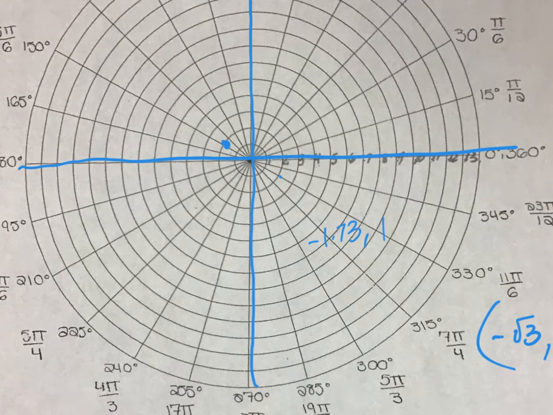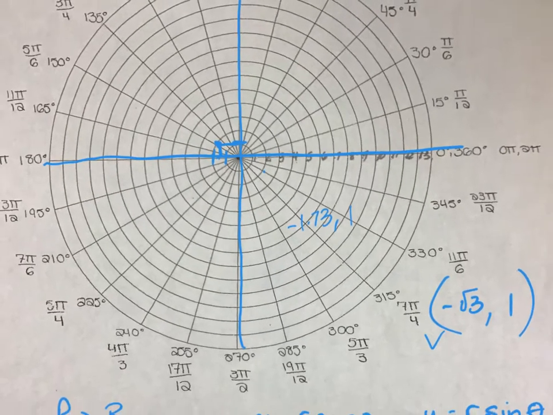So 1.73, if I look here, this is 1 and this is 2, so it's going to be right around here. And 1 is right here. So it's going to be right here. Do you see it? If you plot it like on the rectangular point. So this is a correct answer for that.